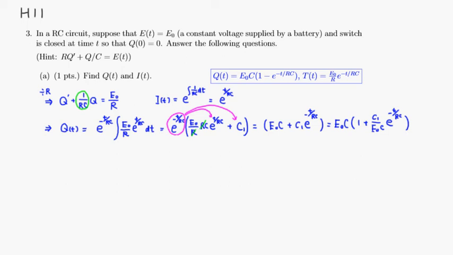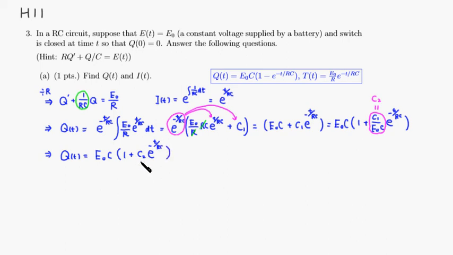So there's no point of having this complicated constant here. So I'm going to call this guy C2, right? So basically what you get is Q of t is equal to E0 C times 1 plus C2 e to the negative t over RC.